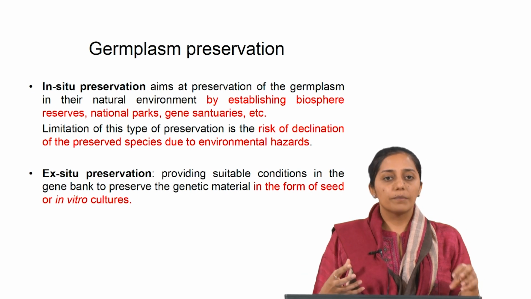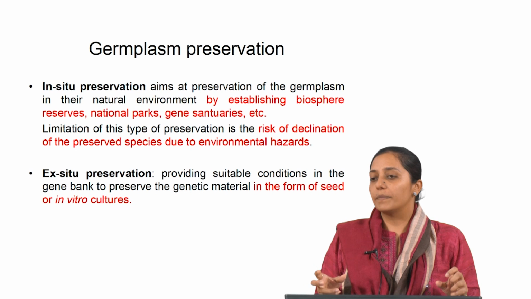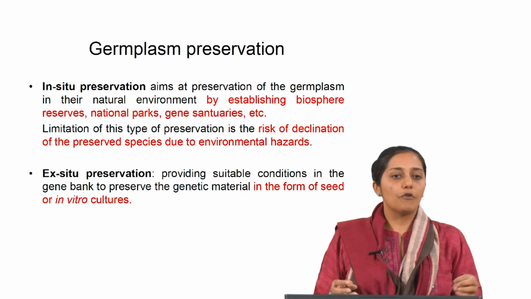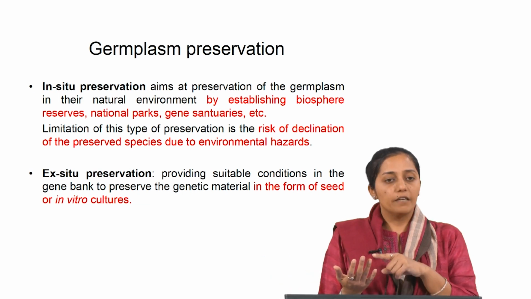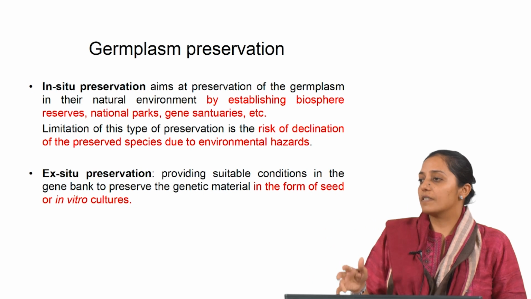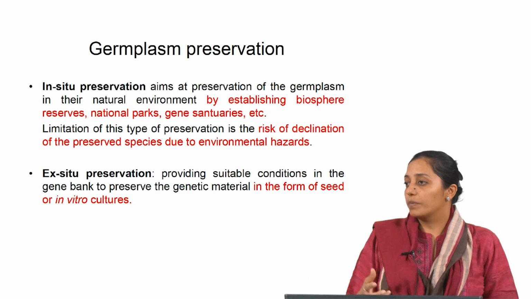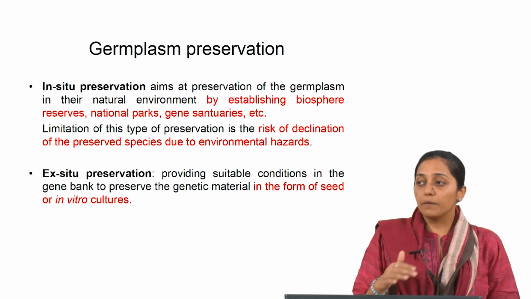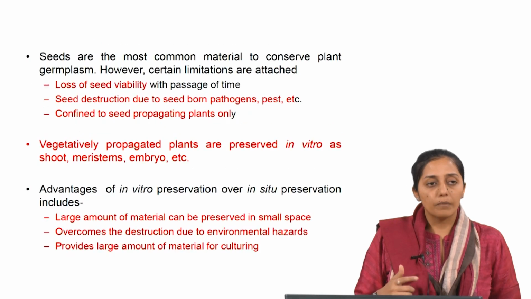That you provide suitable conditions in the gene bank to preserve this material. For example, you preserve them either in the form of seeds, synthetic seeds, or different forms of in vitro cultures like shoots, meristems or somatic embryos. But then conditions have to be provided, which means the media, how you cryopreserve it or how you preserve it matters, so that the viability is not lost during the prolonged storage period. We will talk about that.